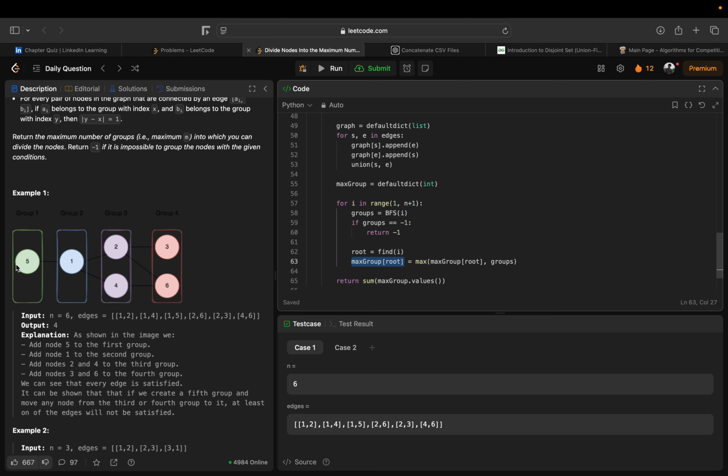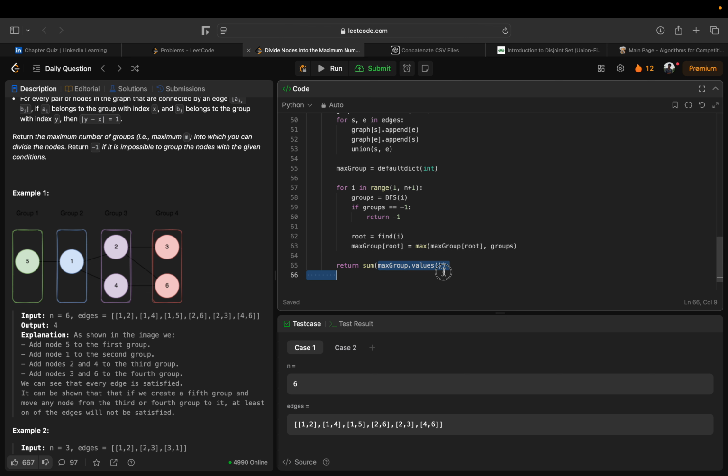If there are 2 graphs, one whole graph will be represented by one root, and the other by another root. We find the maximum number of groups possible from each graph, note it as the maximum group of the root of that graph, and we return the sum of the maximum values.